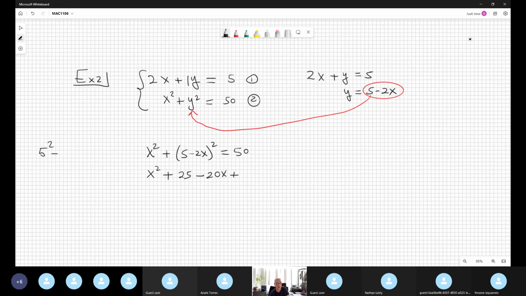So when there's minus in the middle of the binomial, when you expand into the trinomial, you have minus in the first, but positive in the second, and it's 4x squared, equal 50. Do you understand this quick FOIL very well?